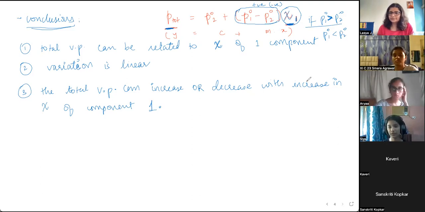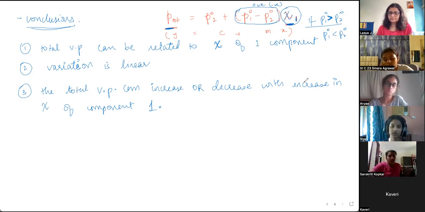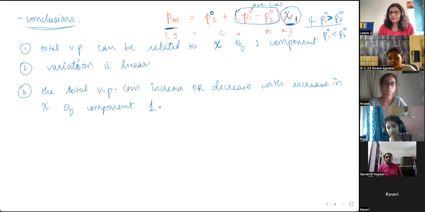But you're adding P0 2 also, right? So if P0 2 minus, if that is negative, even if you're adding. But ये तो constant है ना, all the things with naught are constant, क्योंकि that's the pure vapor pressure.